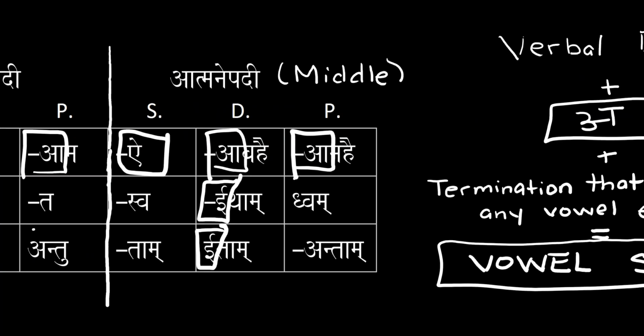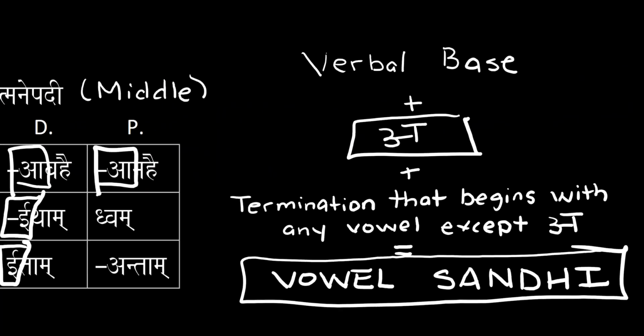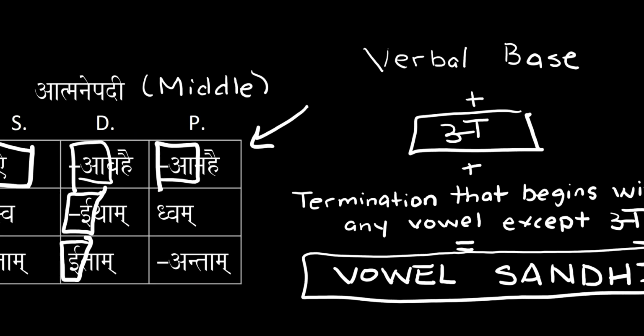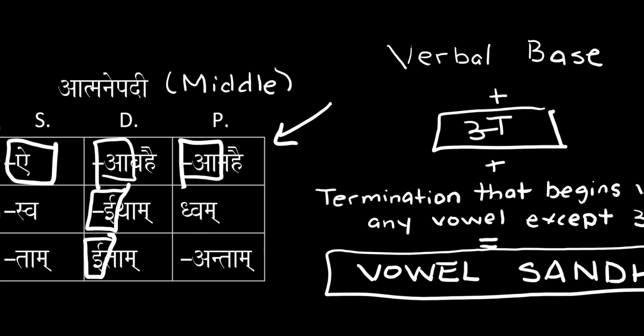Now remember, when you're forming your conjugation, you have to do your verbal base, you have to add and then if you have a termination like these that begin with any vowel except what's going to happen? What's going to apply here is the vowel sandhi, which means that you may not always end up with these termination endings exactly.